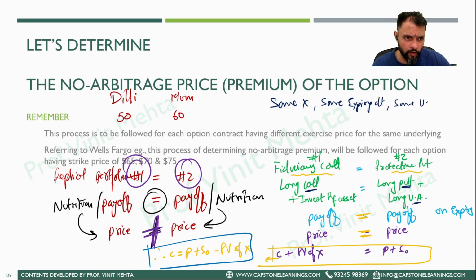That's basically the assumption we are making. So given these assumptions, the payoff is the same, so the price also has to be the same. Yeah, I rest my explanation over here.